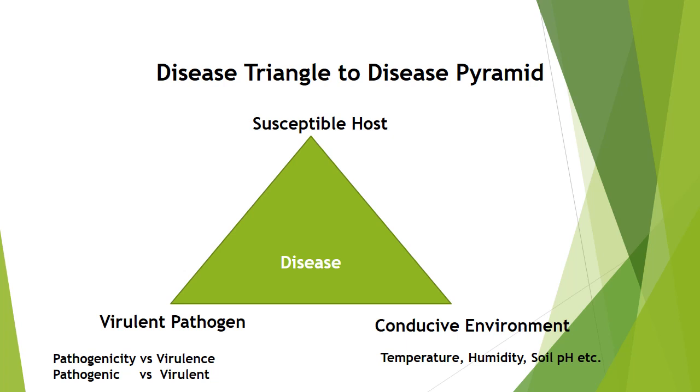We all know a pathogen is a microorganism which is capable of causing disease in plants. There are two forms of pathogen. One is avirulent and the other is virulent. An avirulent pathogen doesn't cause disease, but a virulent pathogen always causes disease because it has virulence factors, and these factors could be enzymes, growth hormones, toxins, or polysaccharides.